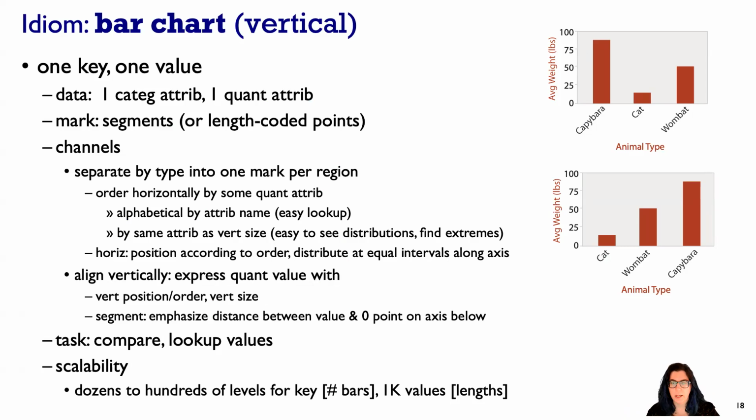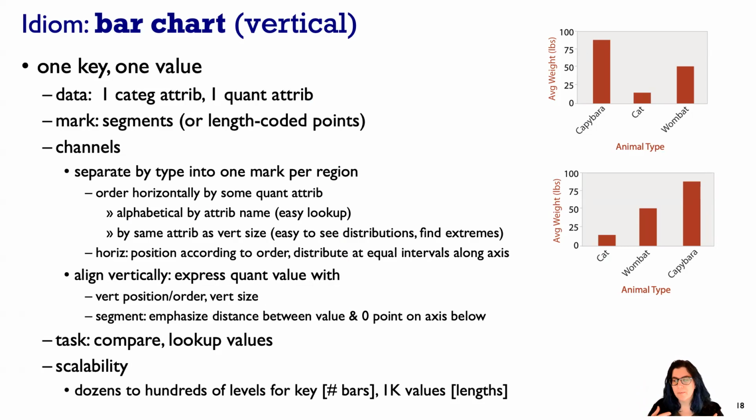So for channels, we are separating by animal type into some regions. We've got one mark, one bar per region. And then we're ordering horizontally by an attribute of our choice. Now, the trivial one is just take the name of the attribute and take the characters of that name and use alphabetical order.